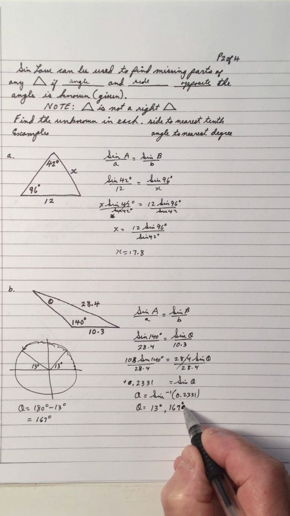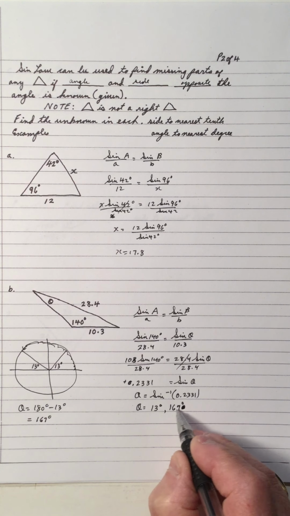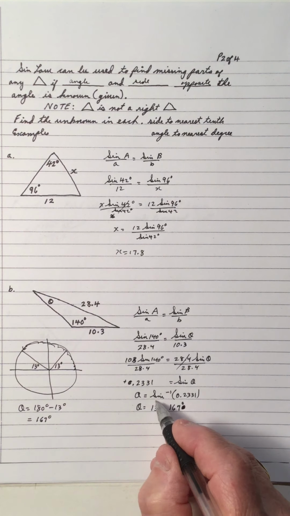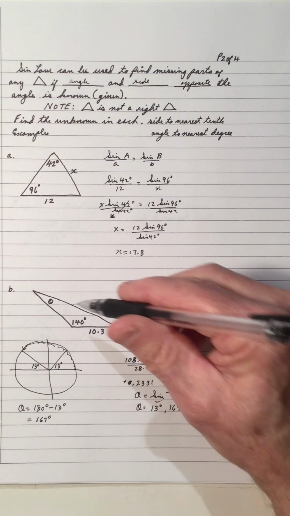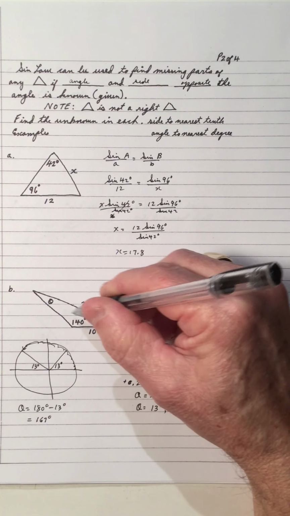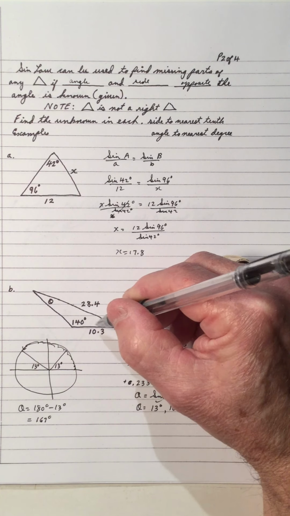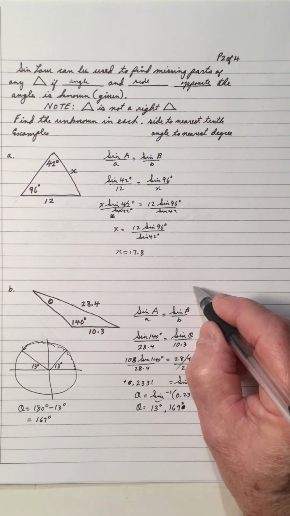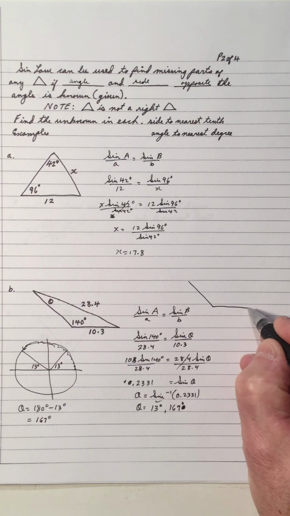But we write down the two answers. 167 degrees. So we know 13 is going to work, because we can find 13, then add those up and get this angle if we want. But if we put 167 in the triangle, allow me to draw.